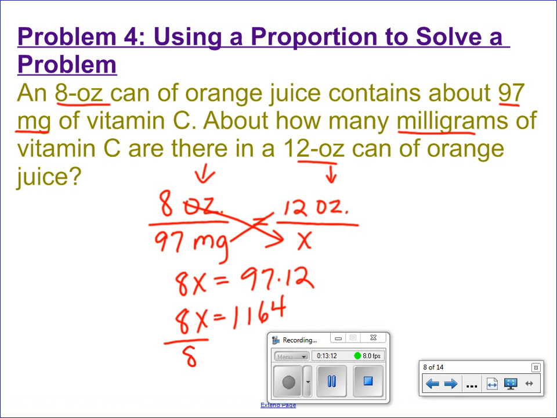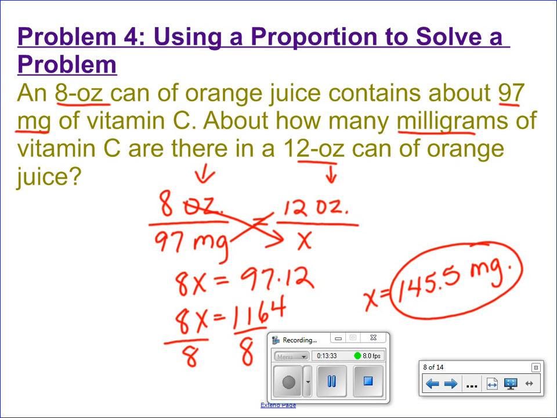Dividing both sides by 8, I'm going to move over here. I get X equals 145 and 5/10 for my answer, and that would be milligrams. Always make sure that you label your answer on a word type problem.